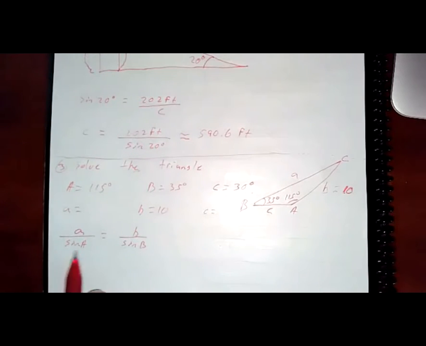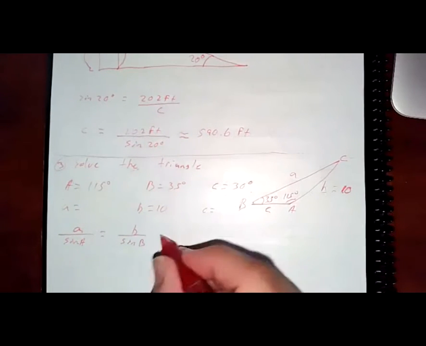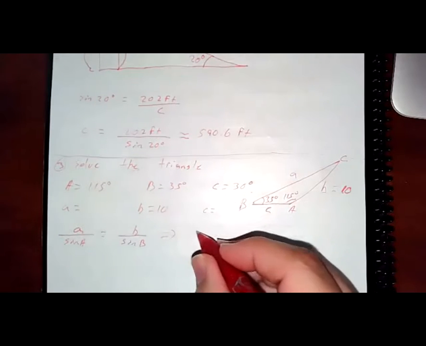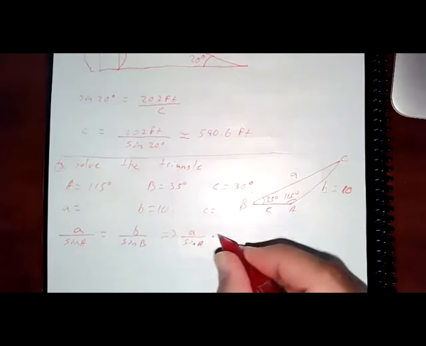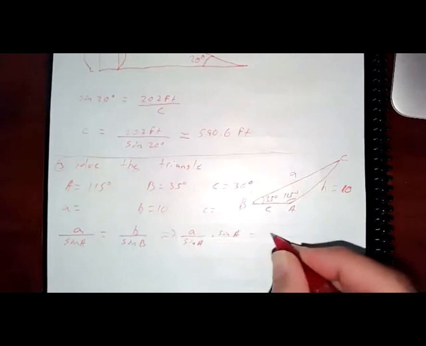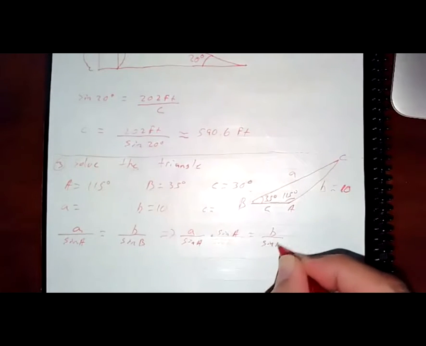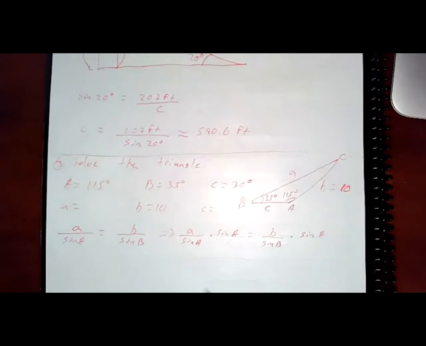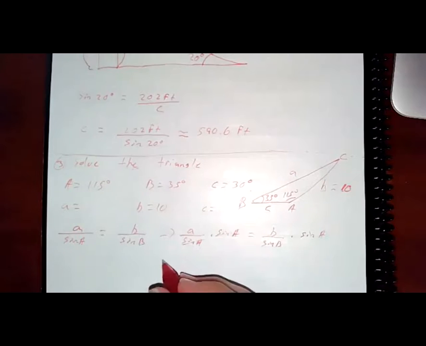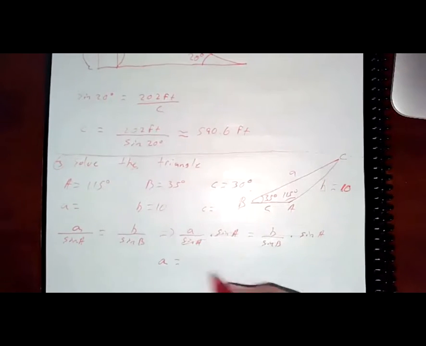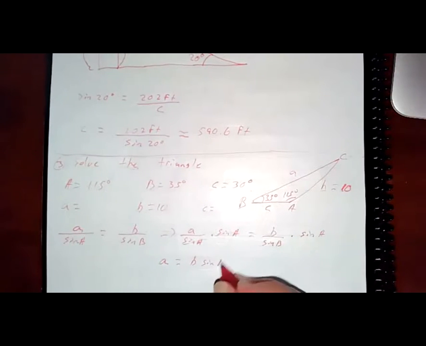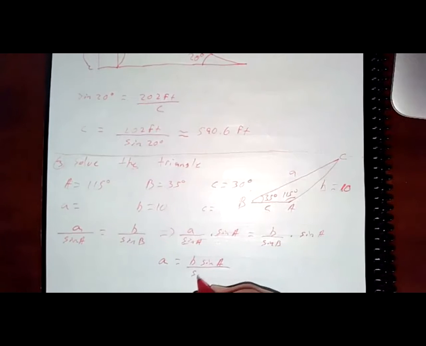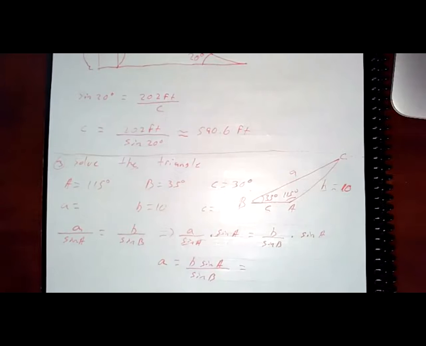Okay, so if I want to solve for a, you would multiply both sides by sine A, right? So you do a over sine A times sine A is equal to b over sine B times sine A. So these will cancel, leaving you with a. So now a is equal to b sine A over sine B. And at this point, you just plug in the numbers and we'll have little a.